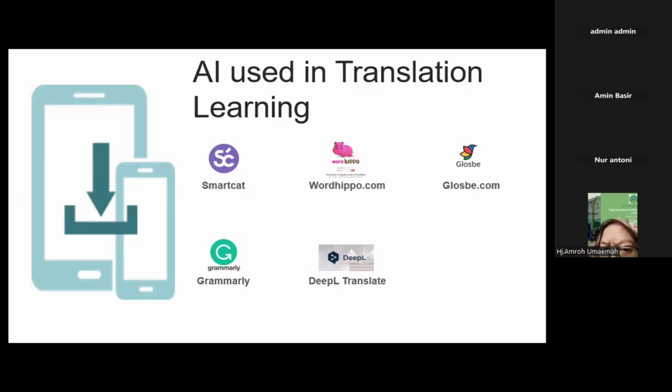So what's interesting about SmartCat is that it has the option to use AI tools, and we can also select not to use the AI, so only use SmartCat as our assistant. So those are the tools that we use in our classroom.